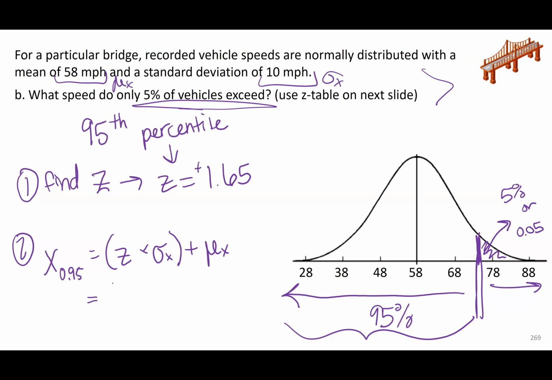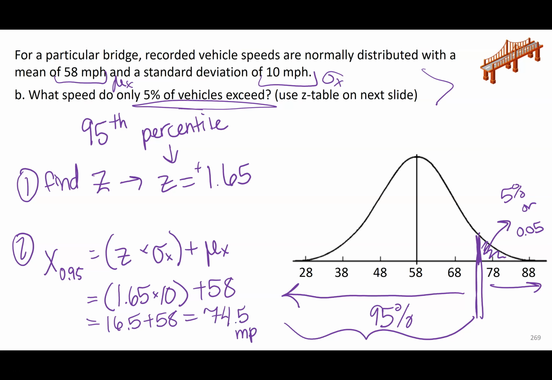So it's equal to 1.65 times 10, so nice, plus 58. You're going to get 16.5 plus 58. So it's going to be above average. Do some math, and I get something like 74.5 miles per hour.